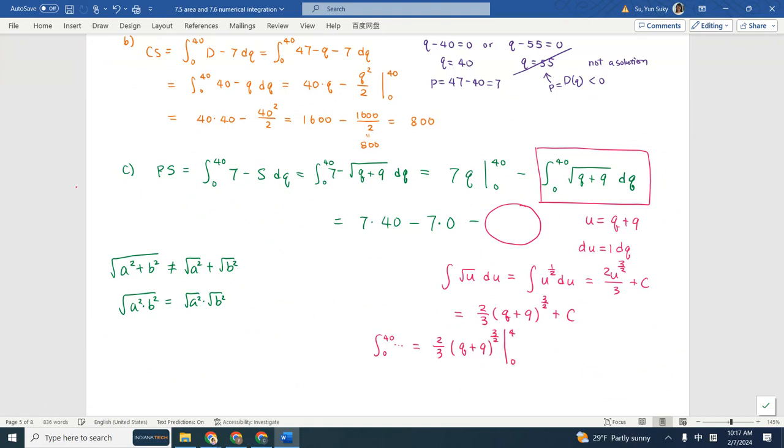Evaluate from 0 to 40. So we plug in 40 first, right? So 40 plus 9 to the 3/2, minus, we plug in 0, so 0 plus 9 to the 3/2.